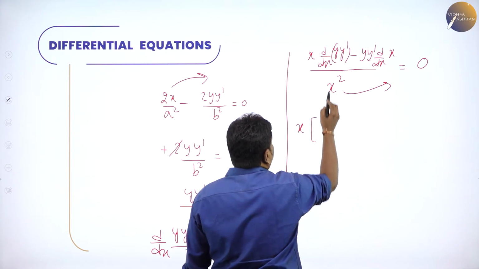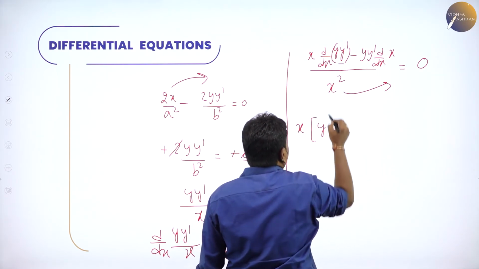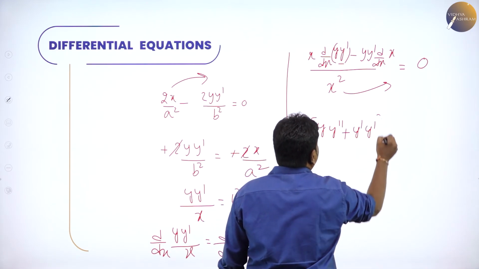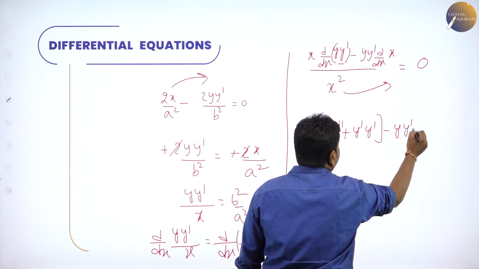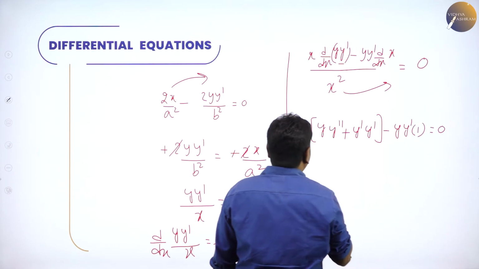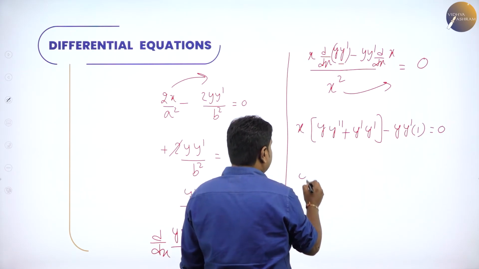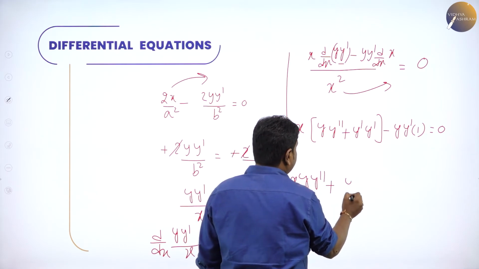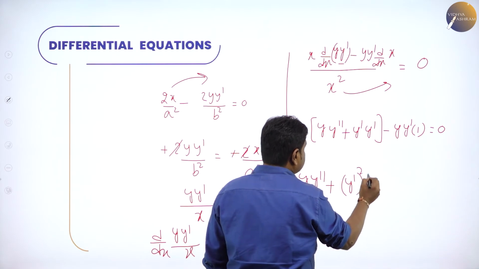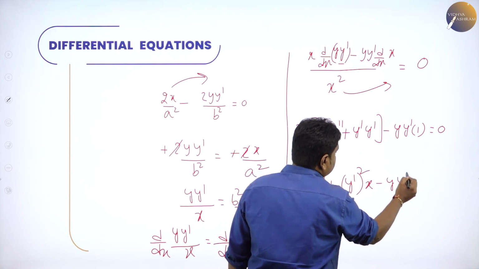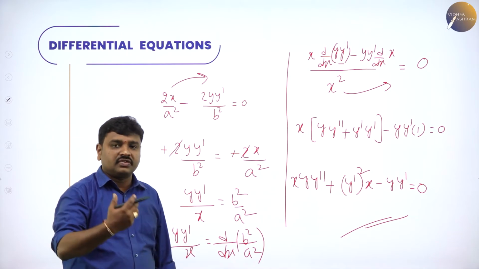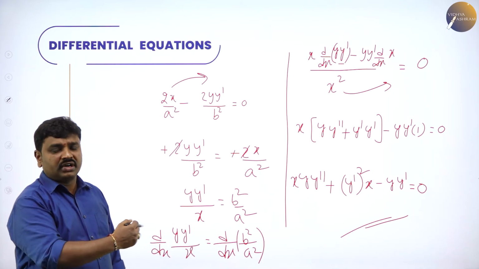So x into, product rule, y into derivative of y dash is y double dash, plus y dash into derivative of y is y dash, minus y dash into derivative of x is 1, is equal to 0. Now further simplify. So we'll get x y y double dash plus y dash whole square into x minus y dash is equal to 0. That's it. This is the differential equation required. Hope all of you understood.